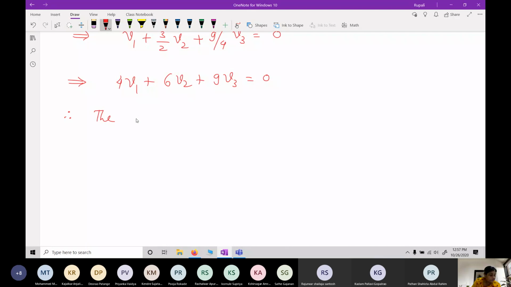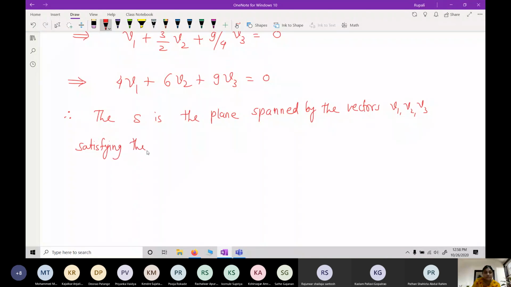Therefore, the space is the plane spanned by, or the vectors satisfying the equation, which equation? 4 times v1 plus 6 times v2 plus 9 times v3 is equal to 0.